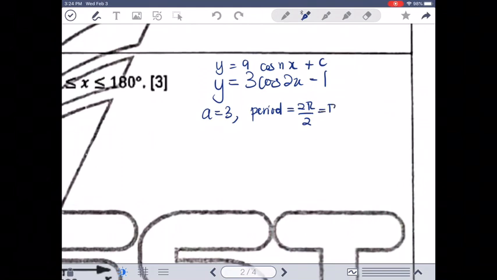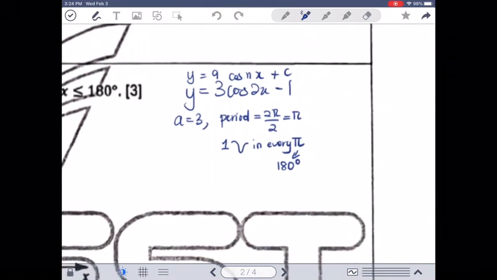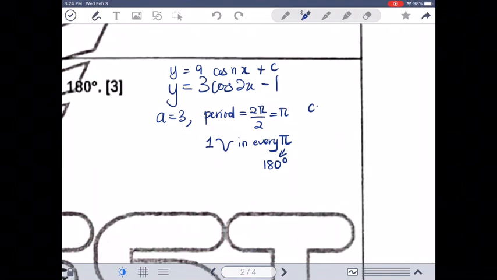So 2 pi over 2 is just equal to pi, which means one cycle in every pi. And we know that pi is equal to 180 degrees. And the value of c is equal to -1, which means that we need to shift 1 unit down.